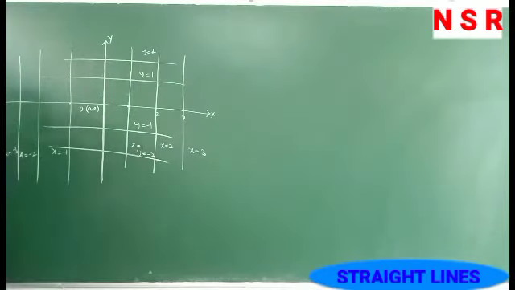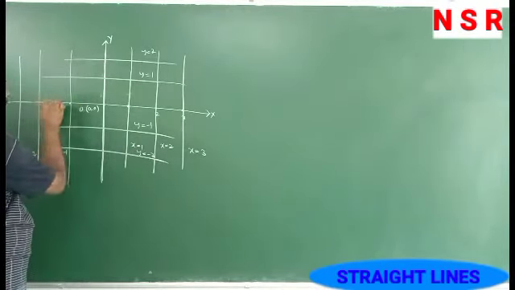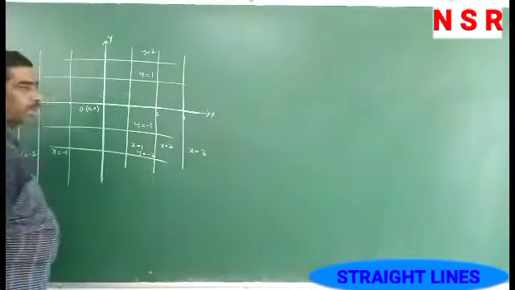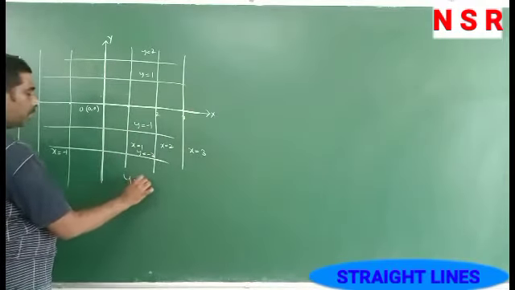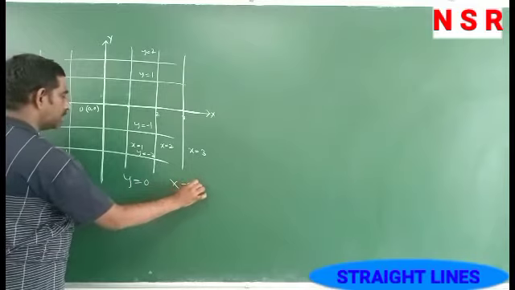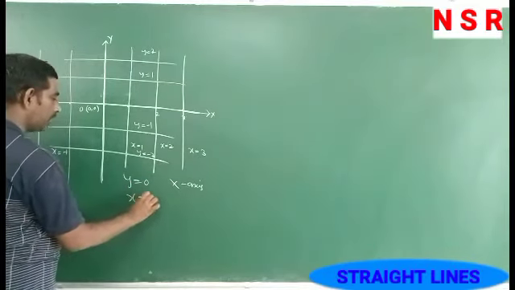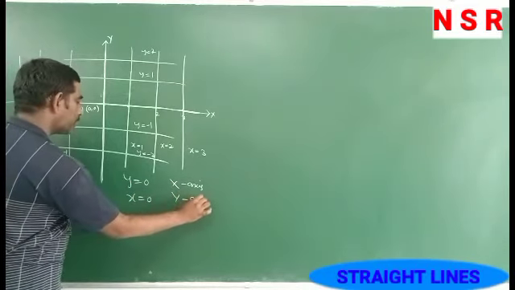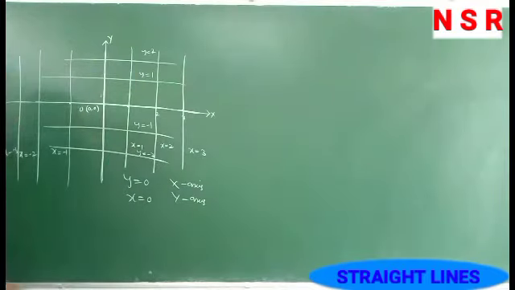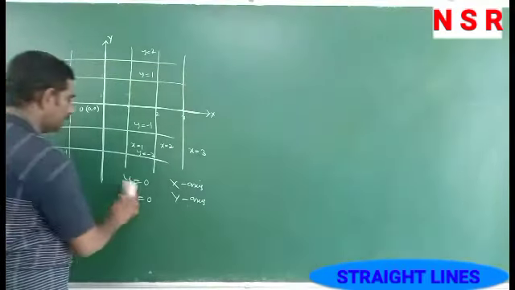All these lines are parallel to the x-axis, and y equal to 0 lies on the x-axis. y equal to 0 means the x-axis, x equal to 0 means the y-axis.